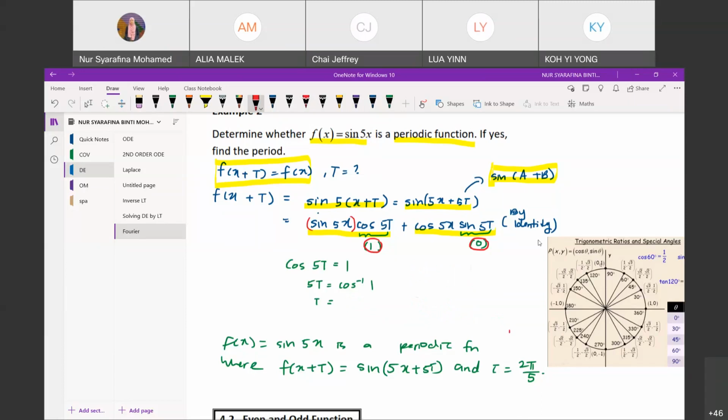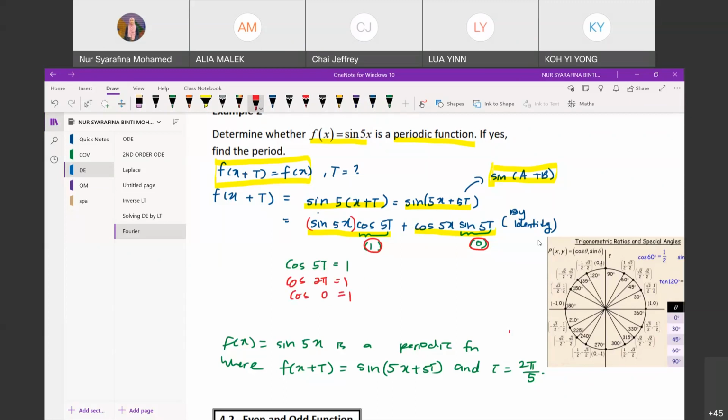So when cos 5T equals 1, we can have 5T is arccos of 1, where it can be 2 pi. Cos 2 pi equals 1, or cos 0 equals 1.